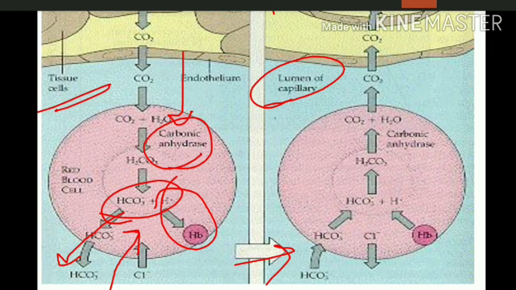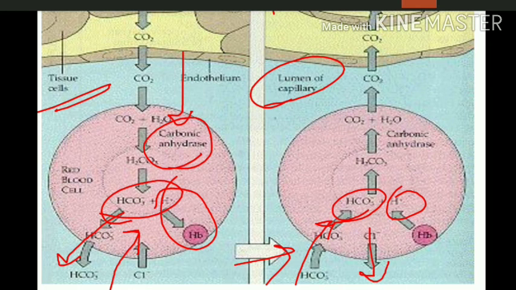Here you can see that when oxygen enters inside the cell, oxygen combines with hemoglobin, so hemoglobin becomes oxygenated. This oxygenated hemoglobin is a strong acid which releases H+ ions. Now these H+ ions combine with HCO3- ions. These HCO3- ions enter from plasma inside the RBC, and here you can see there is reversal of chloride shift.